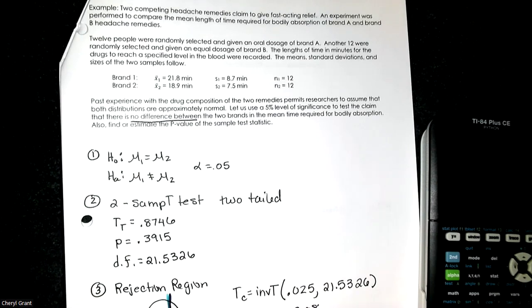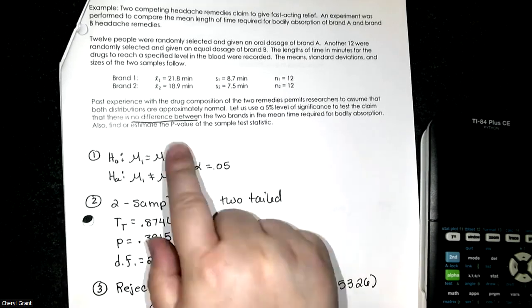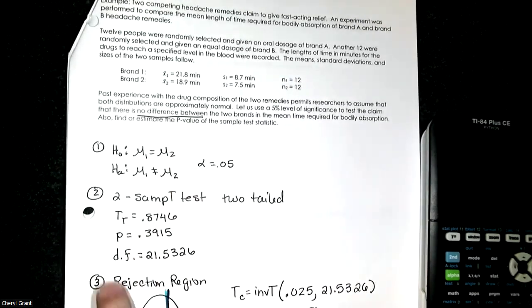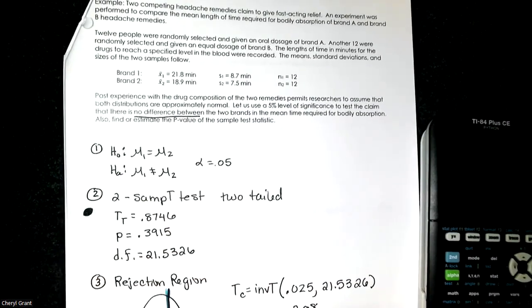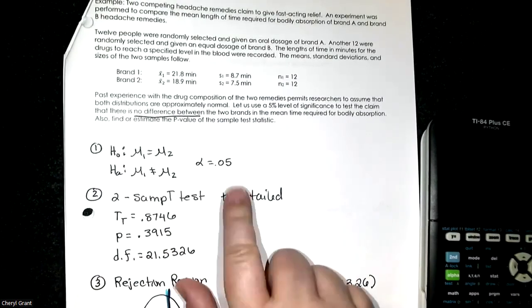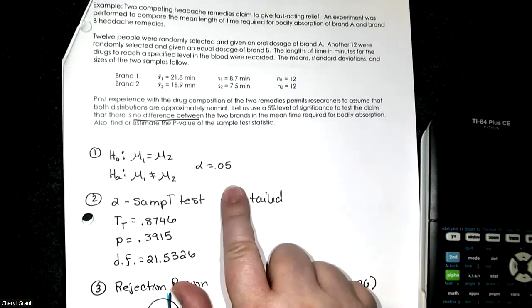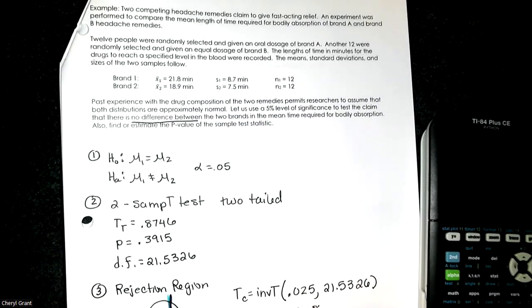And then when we come up with the alternative hypothesis, that's when we use less than, greater than, or not equal to, depending on what the challenge statement is, okay? And because this challenge statement is saying that there's no difference, we're going to set up our alternative hypothesis as mu1 is not equal to mu2. And then we're doing this at an alpha level of 0.05. Okay, is everybody good so far?